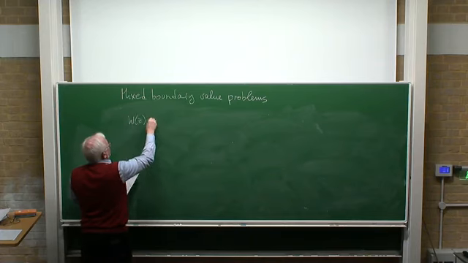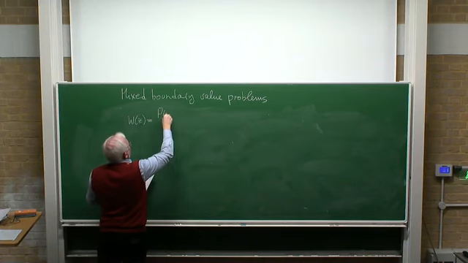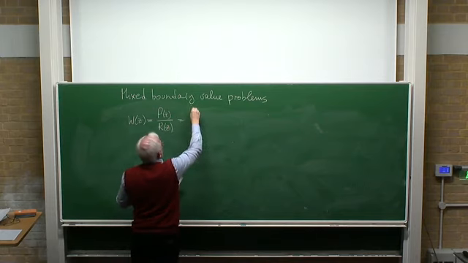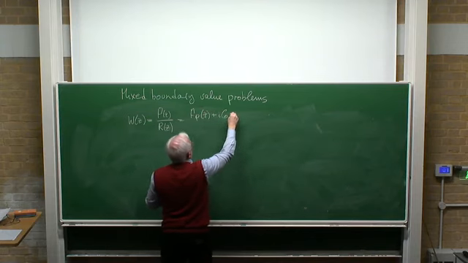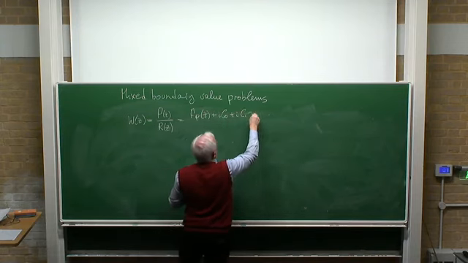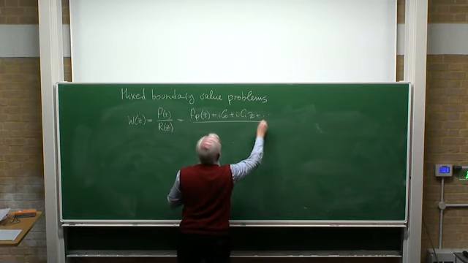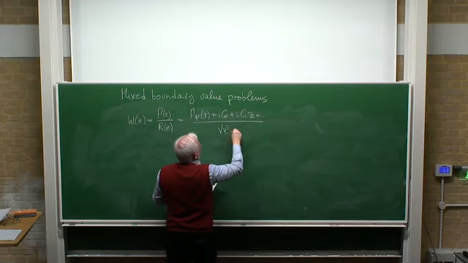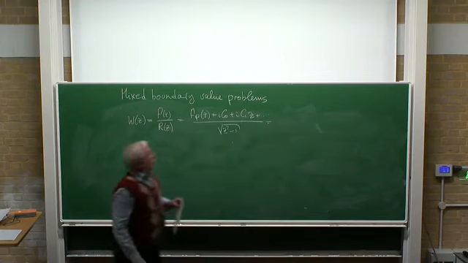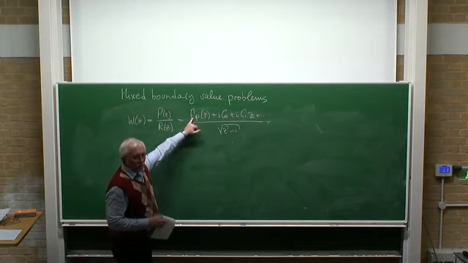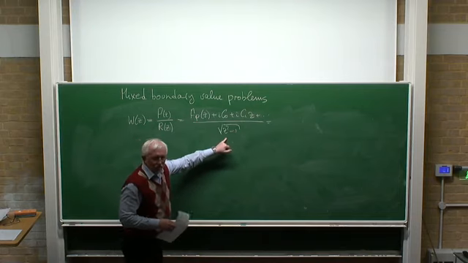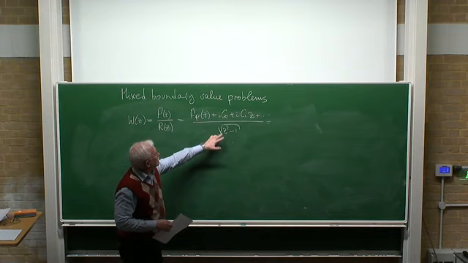W of z equals f of z, plus i C0 plus i C1 z and so on, over the square root of z squared minus 1. Okay, W should go to 0. The integral on its own goes to 0, and divided by the square root, it definitely goes to 0.